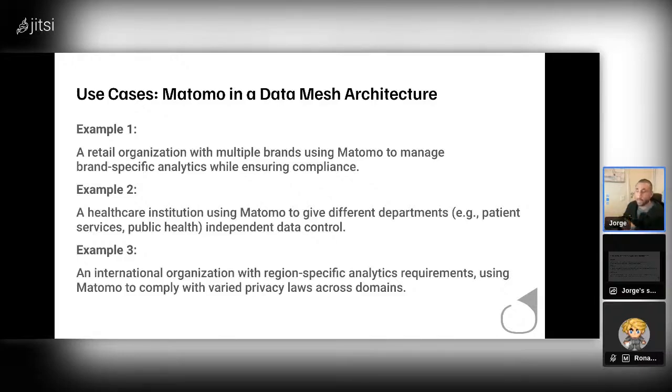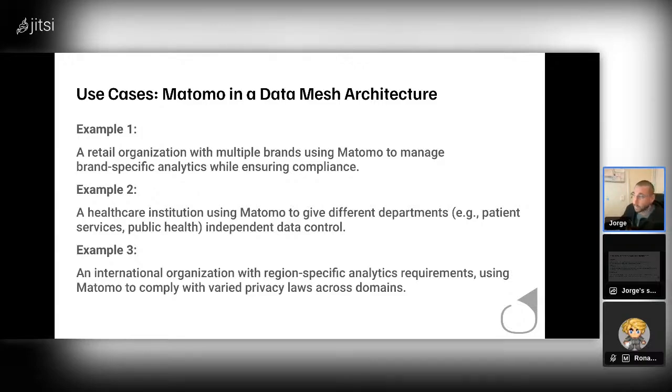I have been around long enough to see different approaches and architectures for how organizations work with their data collection and sharing data across different teams, creating bottlenecks for each other, and all kinds of bottlenecks.